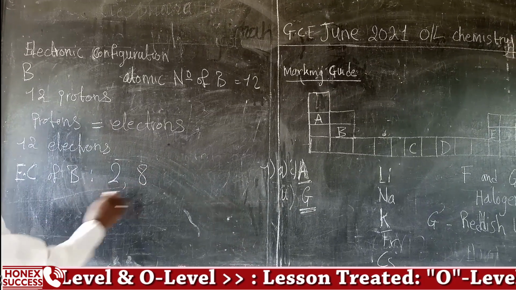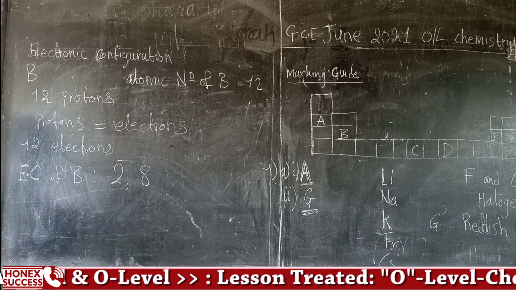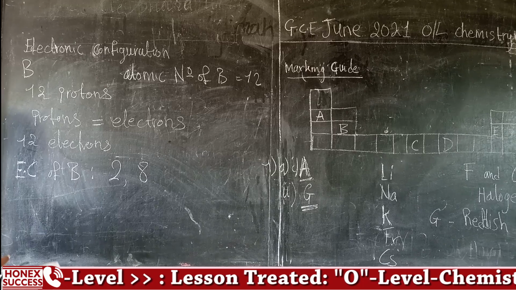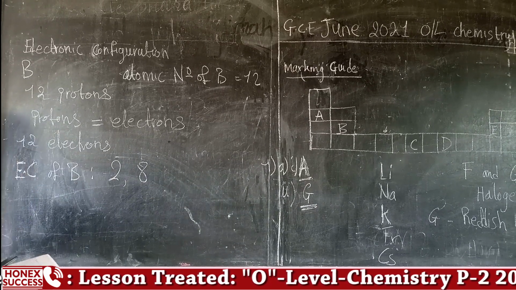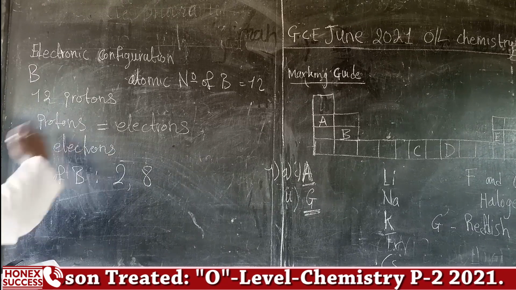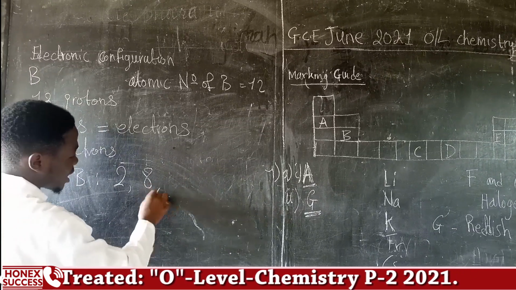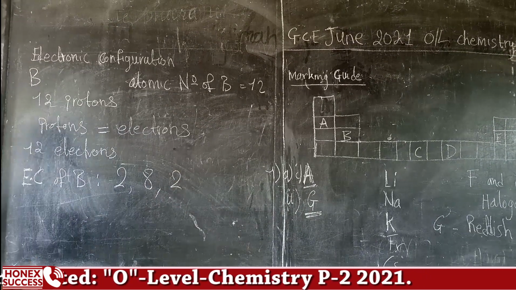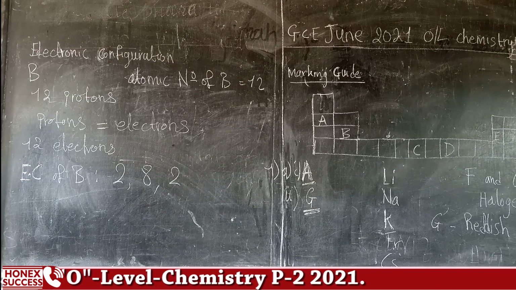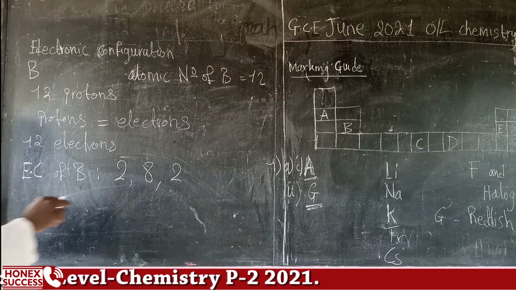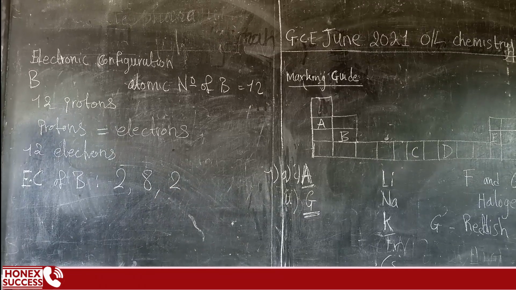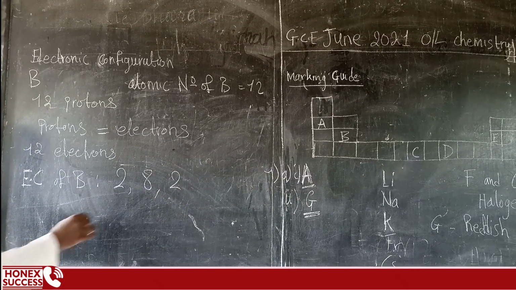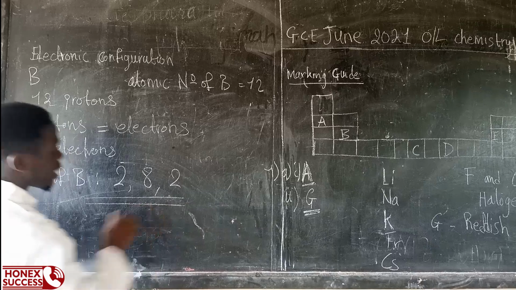So if we write 8, this is already 10 electrons we have exhausted, and we are left with just 2. The third can also take a maximum of 8, but since we are left with just 2 electrons, the third will take another 2 electrons. So our electronic configuration of B is 2, 8, 2.